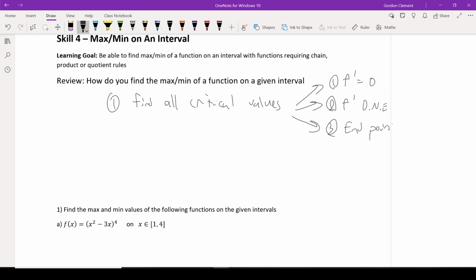So anywhere where any of those three things are happening, those are what we're going to consider critical values. And then plug them into the original function and see which one's the biggest, which one's the smallest.